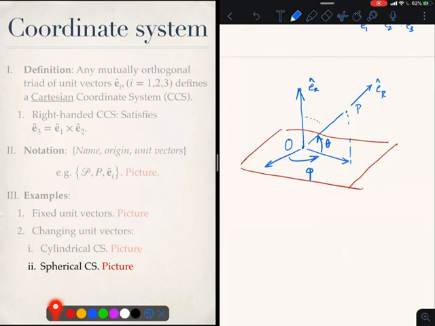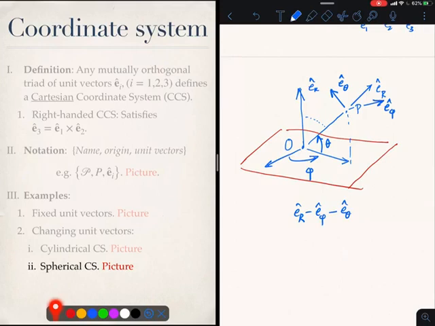Sometimes people define this angle as theta, it doesn't really matter, and that defines E theta over there, and then normal to ER and E theta, I can define this E phi, and then I get this triad of unit vectors ER, E phi, E theta.